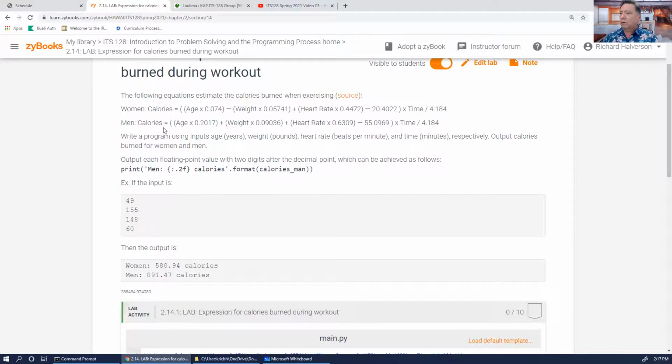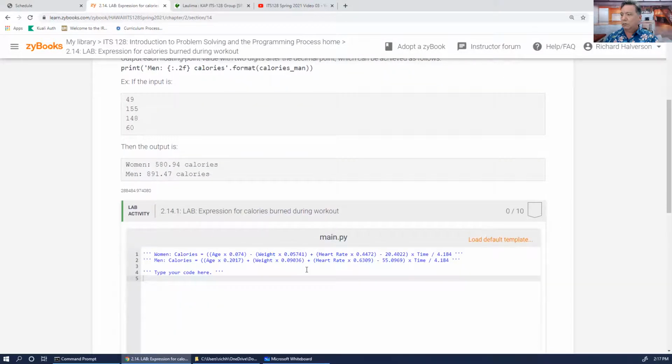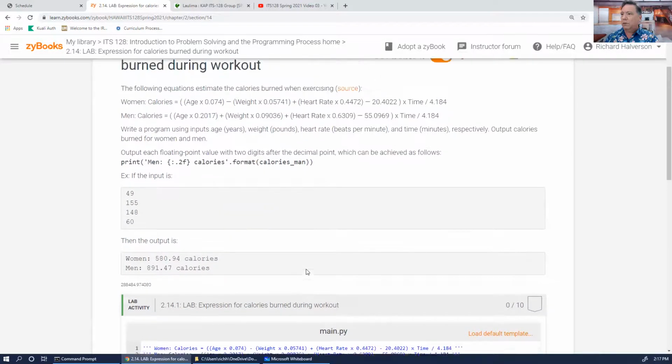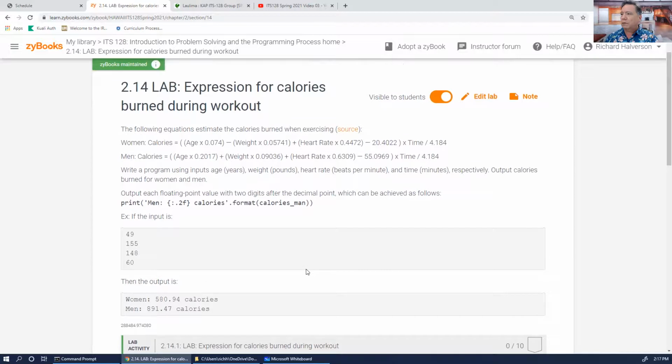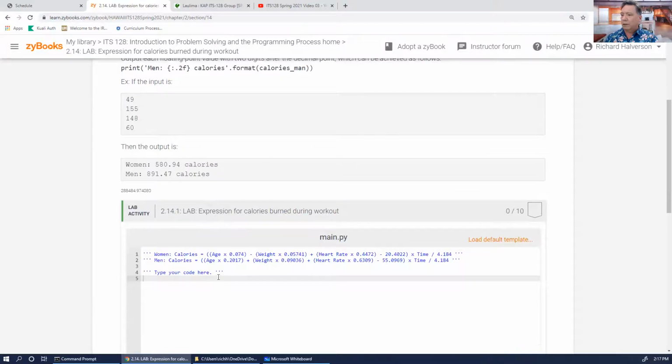All right, well, I'm going to do this. Do I need to have an input? I guess I do. All right, input, let's say age equals input.